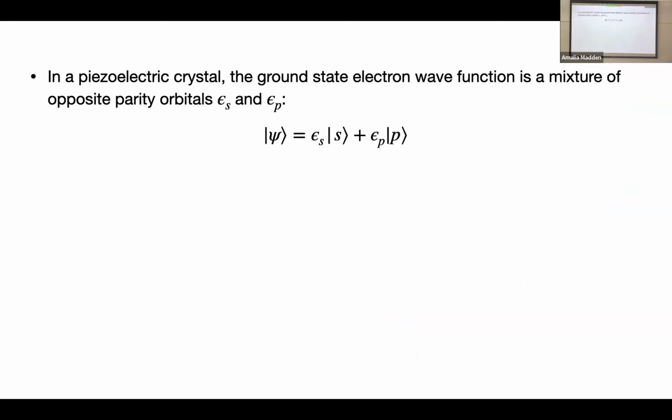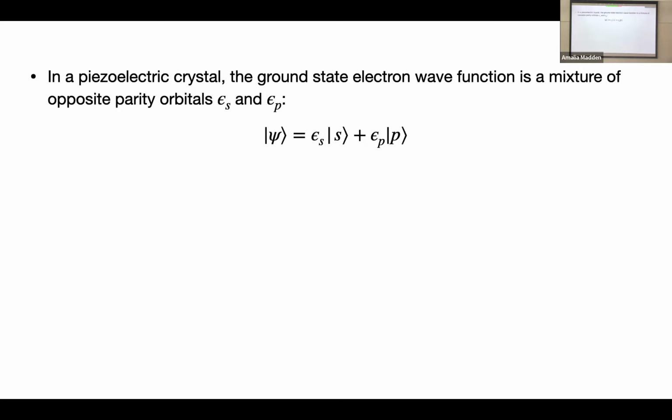So now we understand what this parity and time violating potential of a nucleus looks like. How do we understand how it affects the electrons in our crystal? In the case of a dielectric, we can think of the electron wave function as similar to a hydrogen wave function.